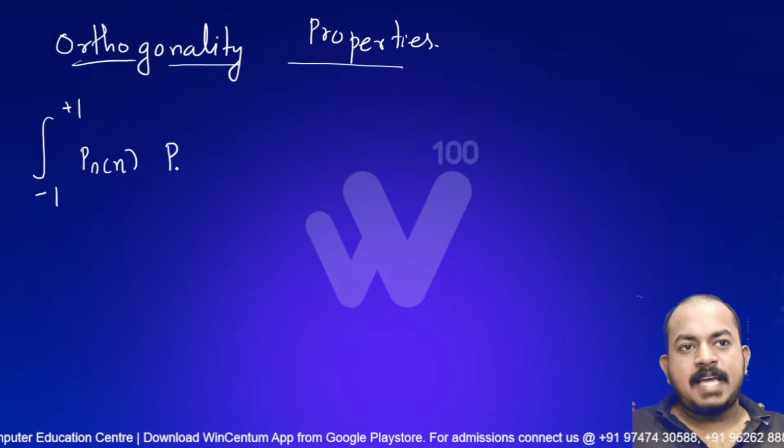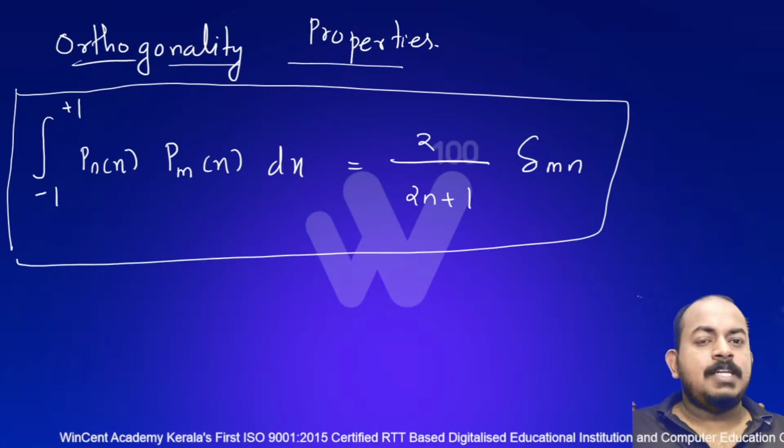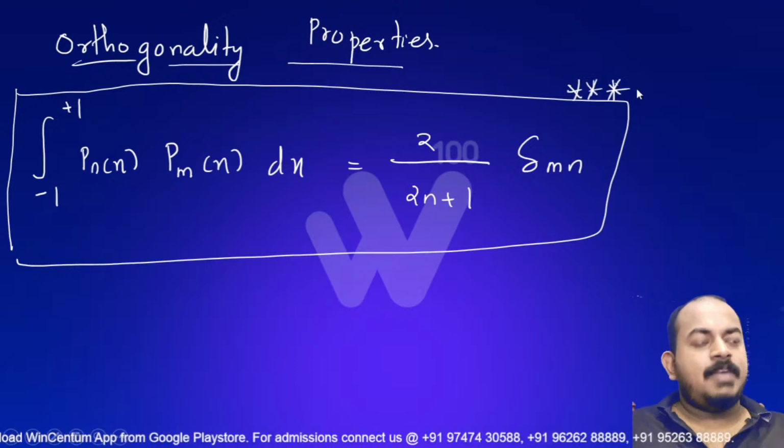And we have to learn this property by heart. So the integral over the limit -1 to +1 of Pn of x times Pm of x dx is equal to 2 upon 2n plus 1 times Kronecker delta mn. This is an important property that we have to learn.